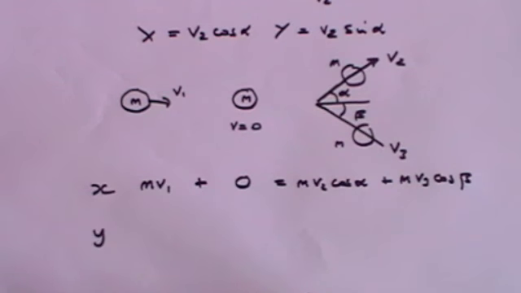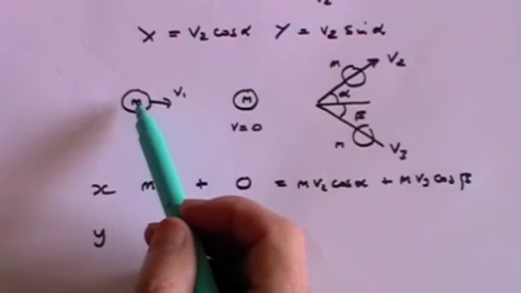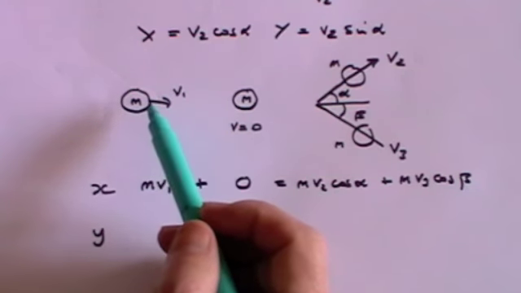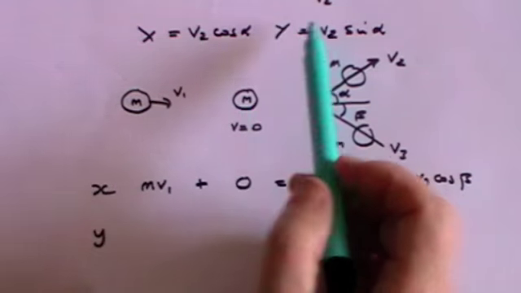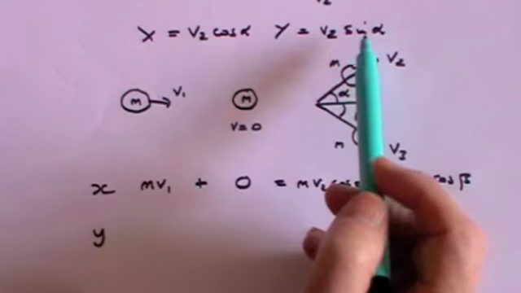Now let's look at the y component. What is the y component of this momentum here? The answer is 0, because all the momentum is in the x direction. Or if you like, since the angle between v1 and the x direction is 0, the y component will equal v1 times sine of 0, which is 0.